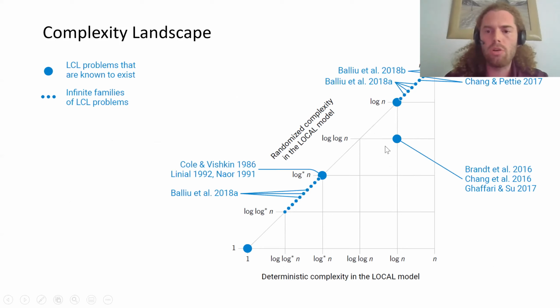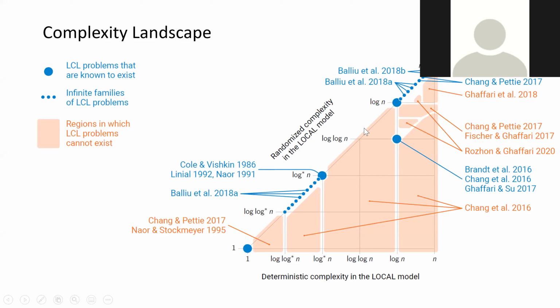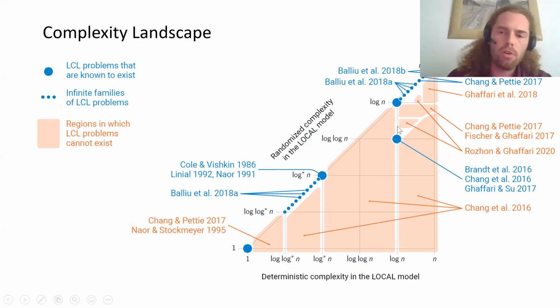But we do not only know points for which we have problems with the respective complexities, but we also know that almost everywhere else, there is no LCL problem with the respective complexities. So there are only these two white small regions for which we don't know whether there are any LCL problems with those complexities. And for the lower one here, it's conjectured by Chang and Pettie that no LCL problem exists in that region.